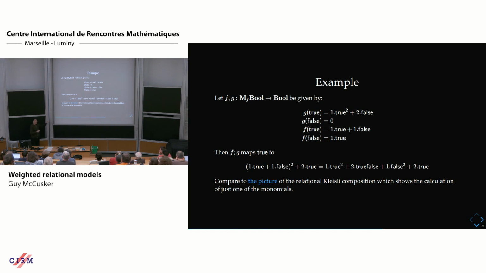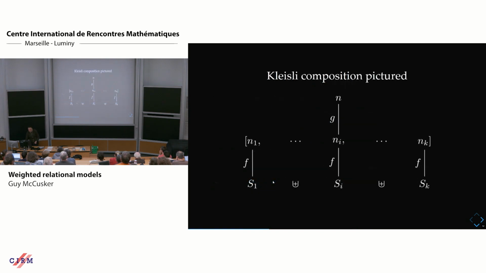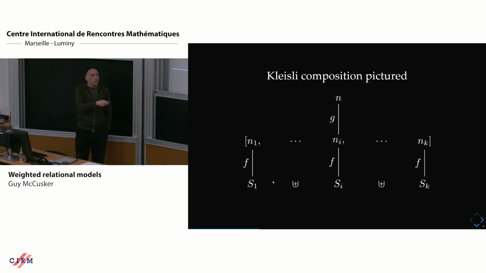So this is, I claim, exactly the same as the picture of the relational Kleisli composition that we had before. What this shows in this view is, for the output n, here is one of the monomials from the power series, right? So it's a single entry from the formal sum. And there's no coefficient because in this example, the coefficients are all 0 or 1.